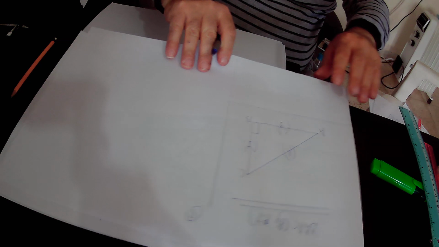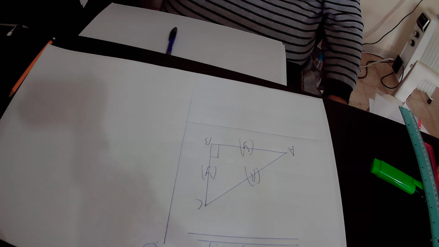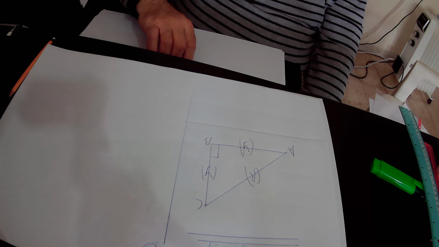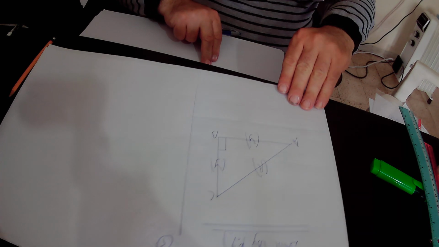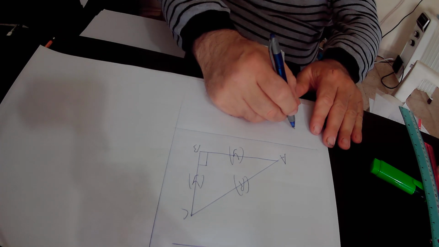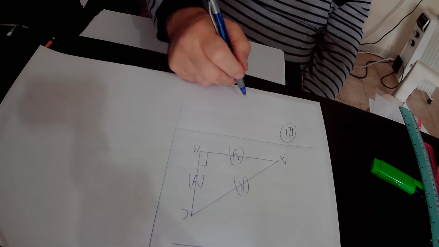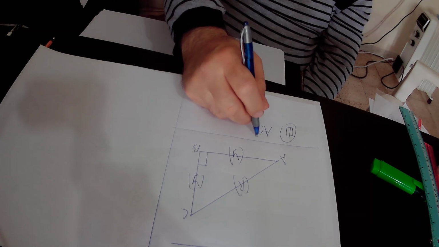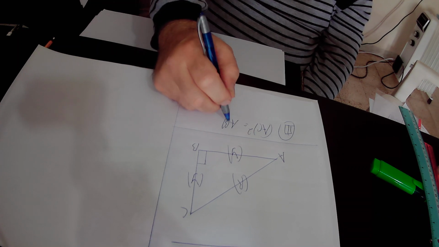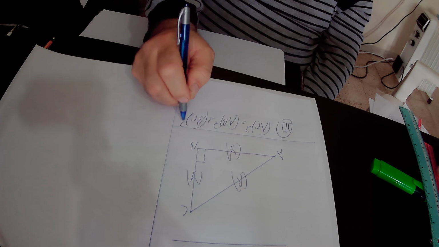So actually, this is the right triangle ABC that I copied from the original drawing. Turning to the Pythagoras theorem, we get that in this right triangle ABC, this will be equation 3: AC square equals AB square plus BC square.